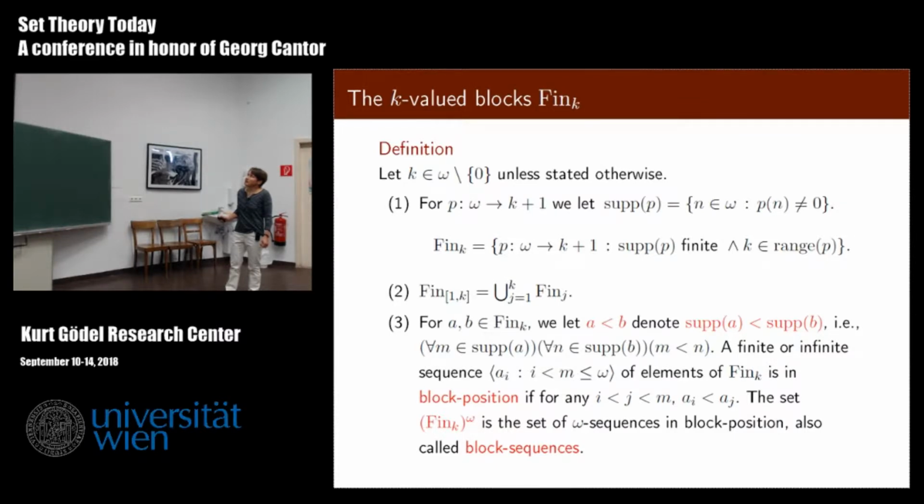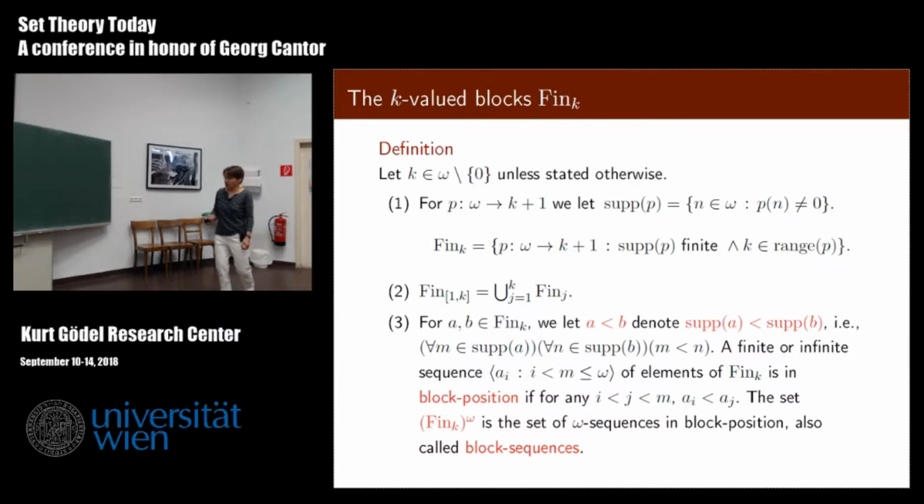I use finite sequences and infinite unmeshed sequences. They will be the main ingredients of this space. So either you have a finite sequence of blocks, then M is finite, or M can also be omega. All my sequences are always in block position, otherwise I can't handle them. And the most important space is the one with infinite length sequences.